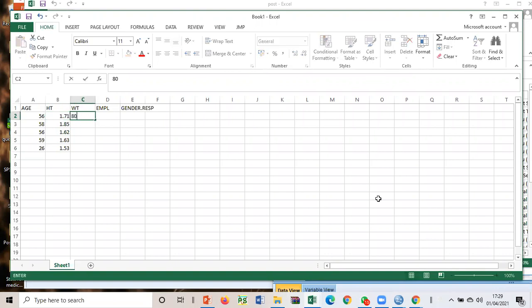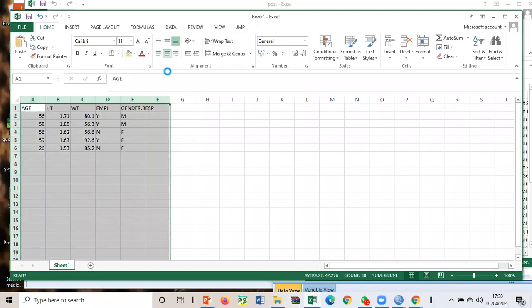This is 80 kg. Employment, let's say yes for working, no for not working. Employed, yes, no. Gender, male, female. That's a simple data set.